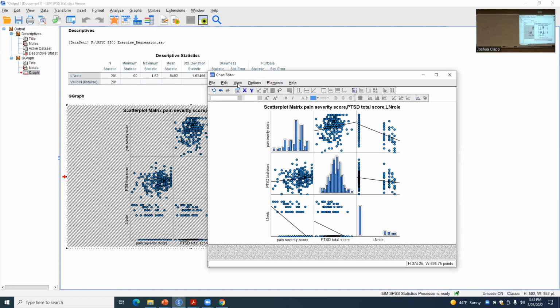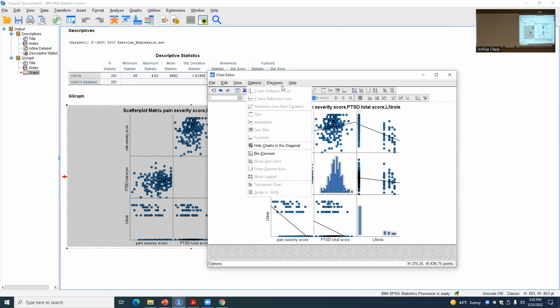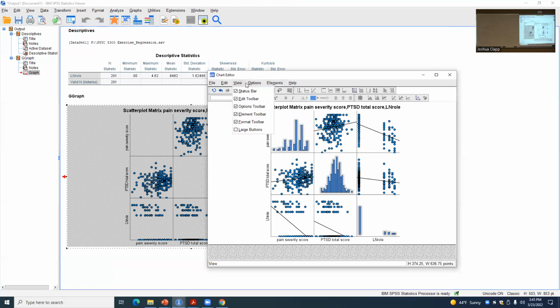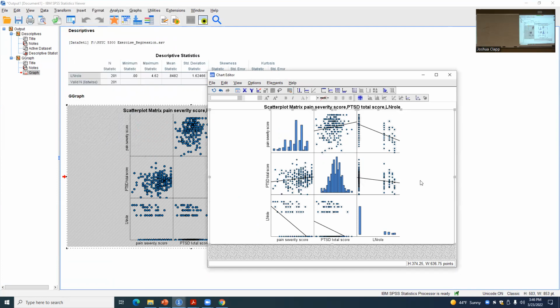And then I'm going to double click on one of those dots and make that smaller. I'm going to hit apply there. That just makes my dots a little more manageable so they're not super huge.